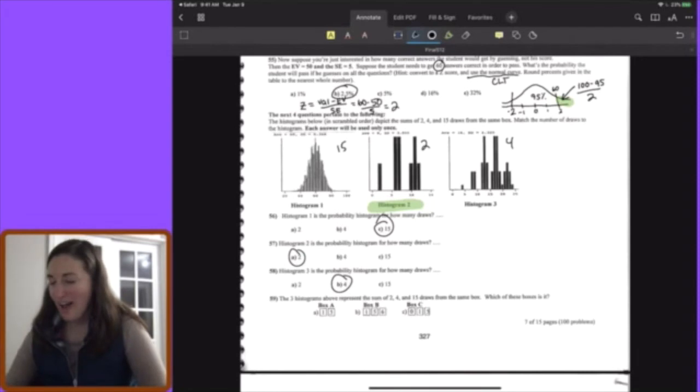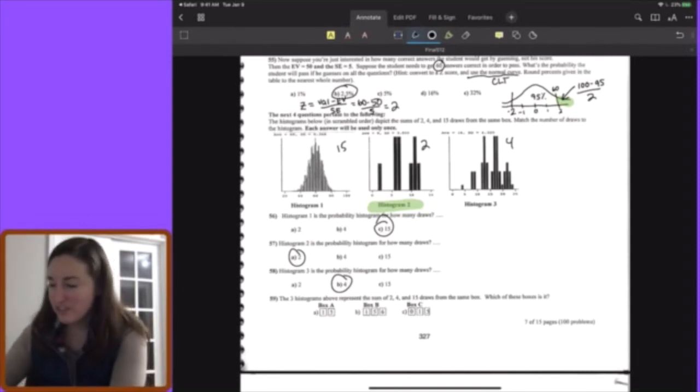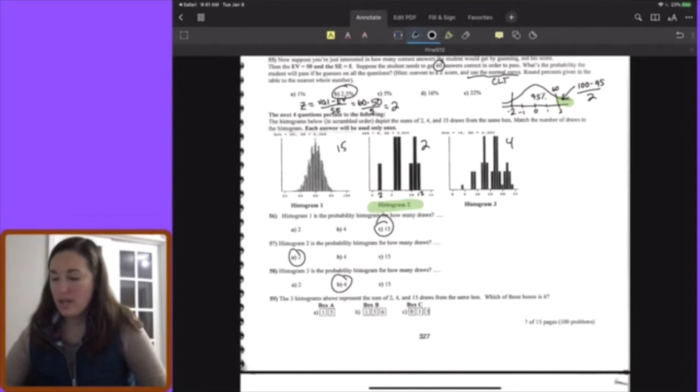And so I know that if I draw 2 times out of the box, it looks like this is 12. I'm going from basically 2 to 12, I think. So if I draw 2 times out of box A, the smallest sum I can get is 2, right? 2 ones. And the biggest sum I can get is 10. But this histogram, our histogram 2, has values bigger than 10. So I know it can't be box A.